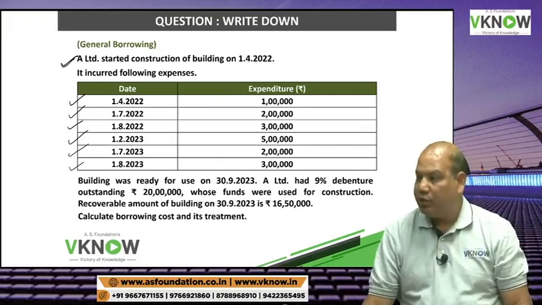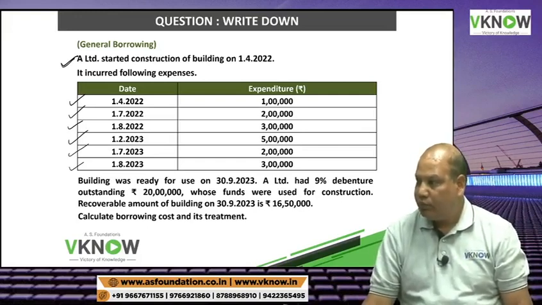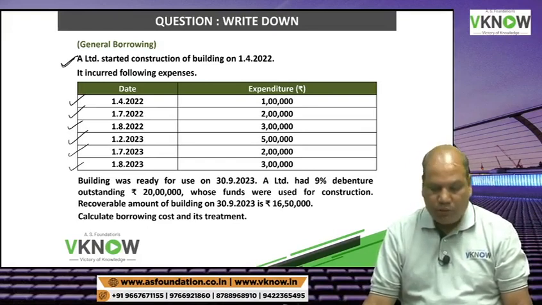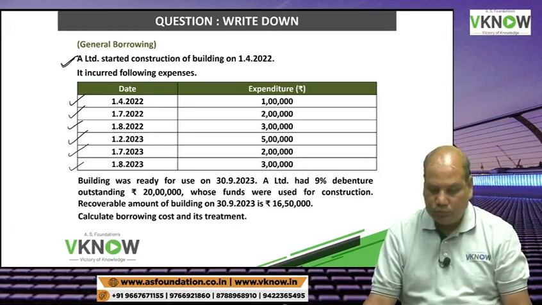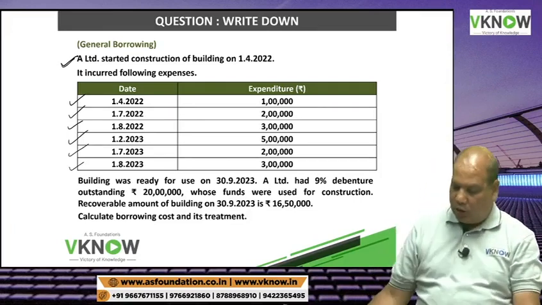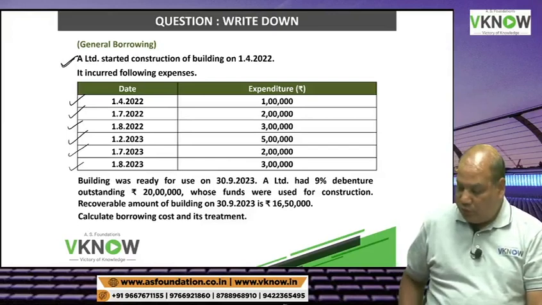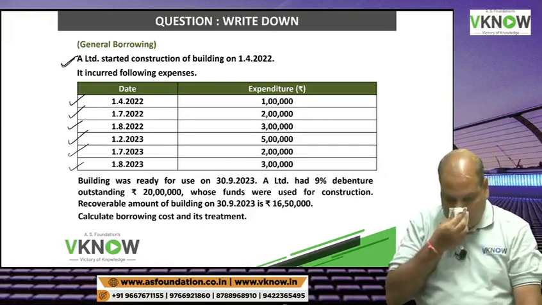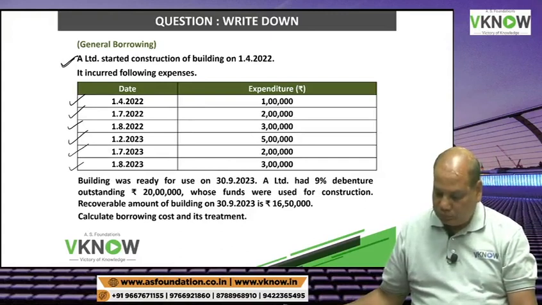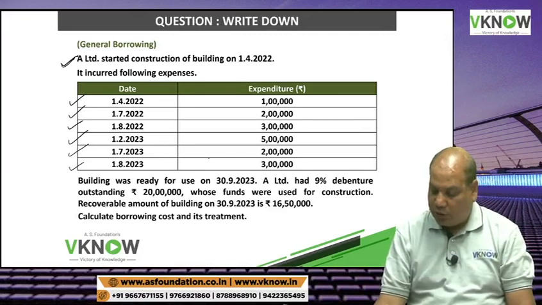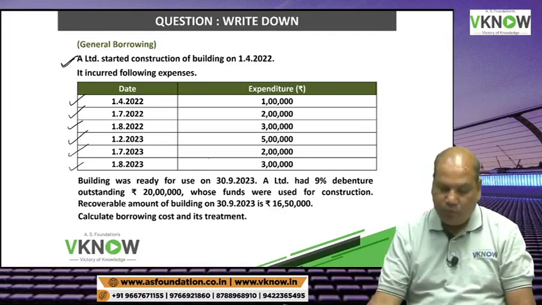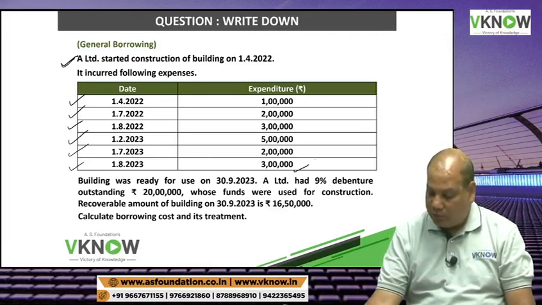Date 1/4/2022, write down fast: 1/4/2022, 1 lakh. 1/7/2022, 2 lakh. 1/8/2022, 3 lakh. 1/2/2023, 5 lakh. 1/7/2023, 2 lakh. 1/8/2023, 3 lakh.